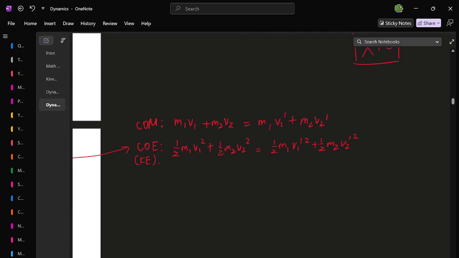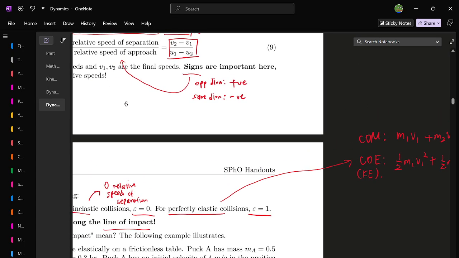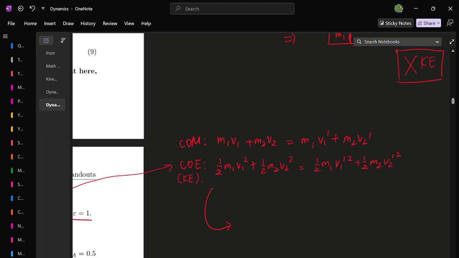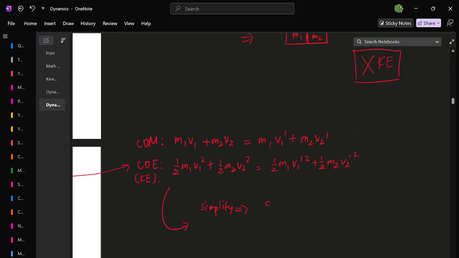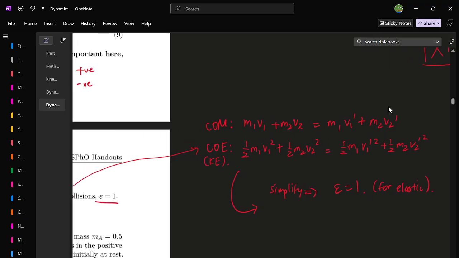After some massive amount of simplification, you should be able to get that epsilon equals 1 for elastic. You can try this out yourself as an exercise later on. I won't go through this in the interest of time.